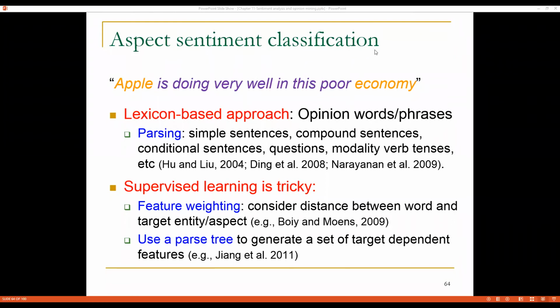So to continue aspect sentiment classification, there's the lexicon-based approach, which uses parsing. It says here that supervised learning is tricky, with feature weighting that considers the distance between the word and the target entity or aspect, and also uses a parse tree to generate a set of target-dependent features.